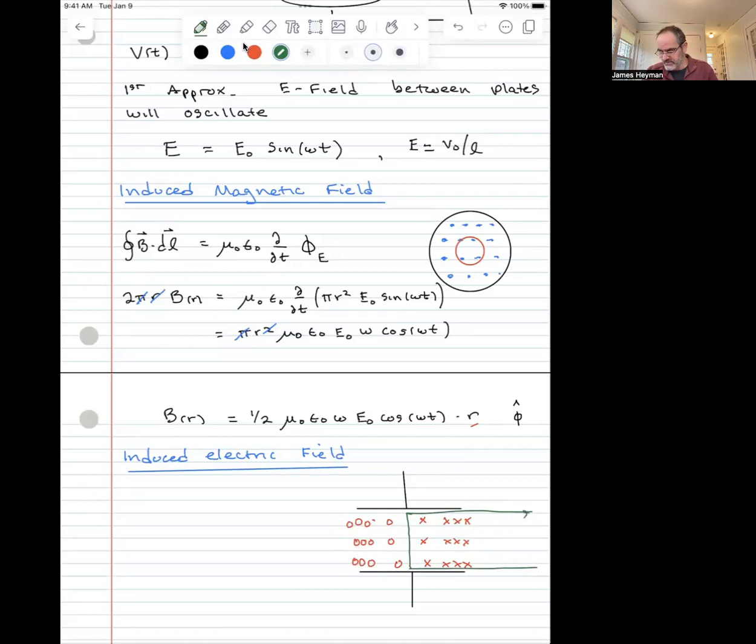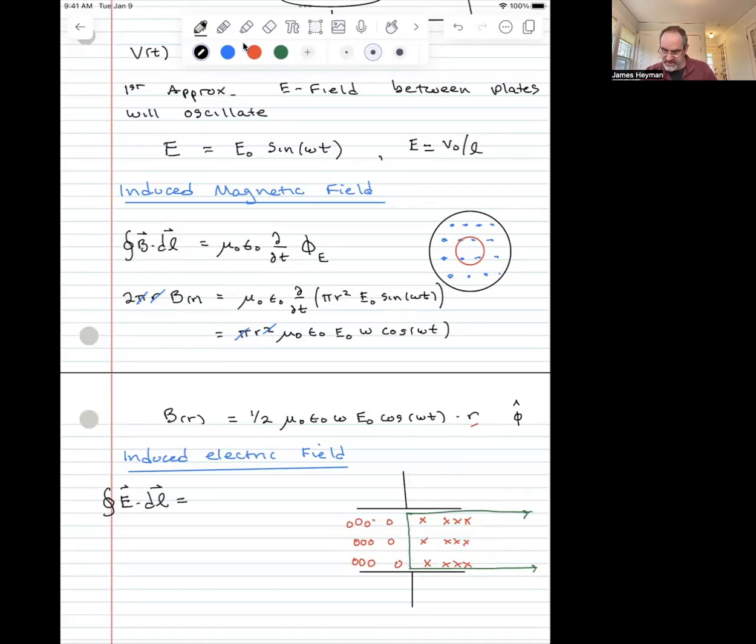That is, it'll go out maybe to infinity. Okay? And then we want to figure out the integral of the electric field around that loop. Okay?